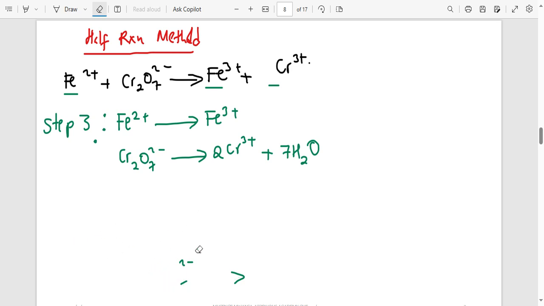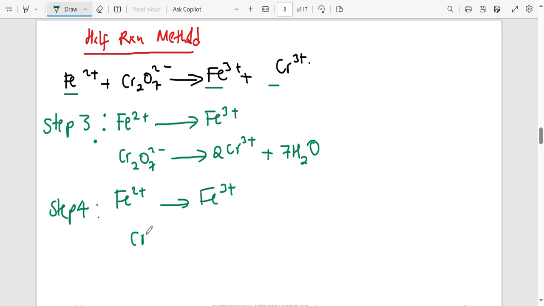Now, as we were balancing oxygen, we actually introduced the hydrogen. That was step 3. So in step 4, the iron ion will still be written the same way it is. Nothing is changing for it. Now we are going to balance the hydrogens that we have introduced. We balance hydrogen by adding hydrogen ions.